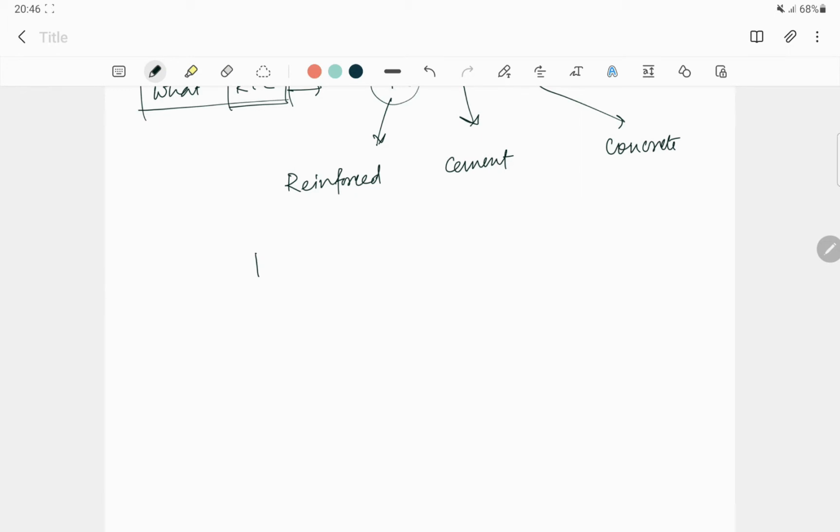This is your beam. Any kind of loading is applied here. In this situation, the deflection pattern will be this, so the profile of the beam should be this.